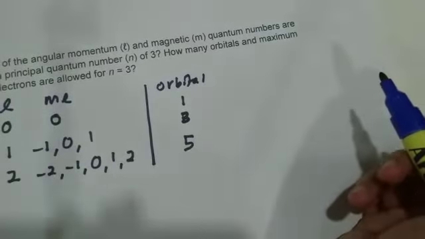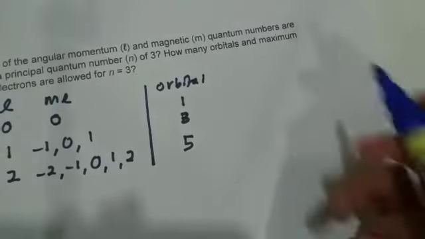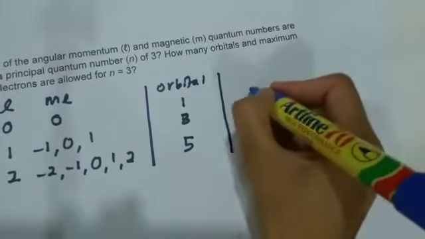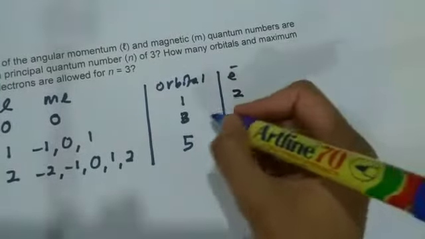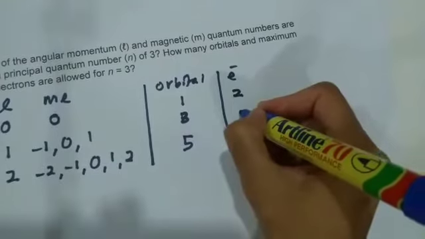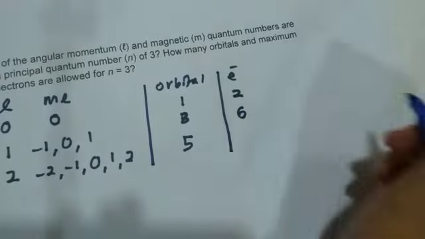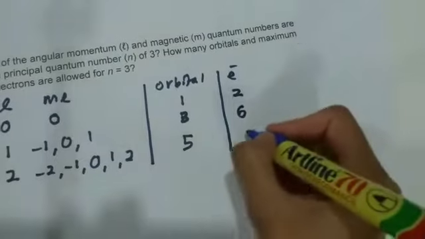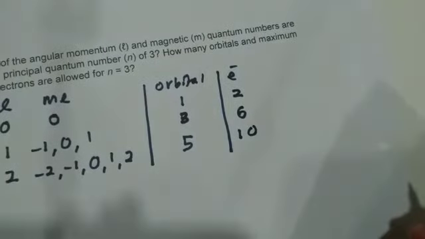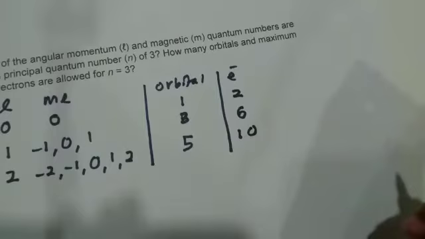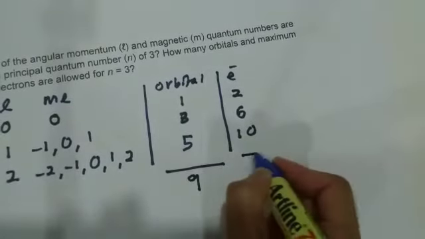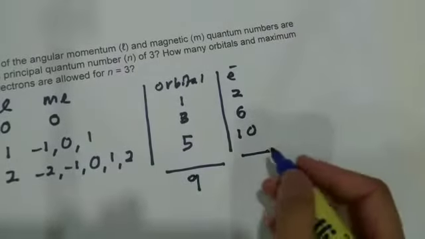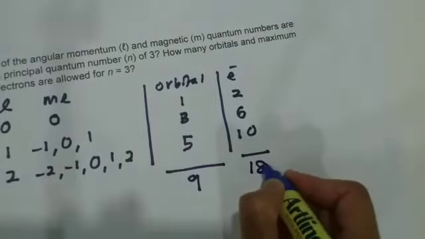Each orbital can occupy only 2 electrons. So here the maximum is 2 electrons, here 3 times 2 is 6 electrons, and here it will be 10 electrons. The total number of orbitals is 9, and the total maximum number of electrons for n equal to 3 is 18.